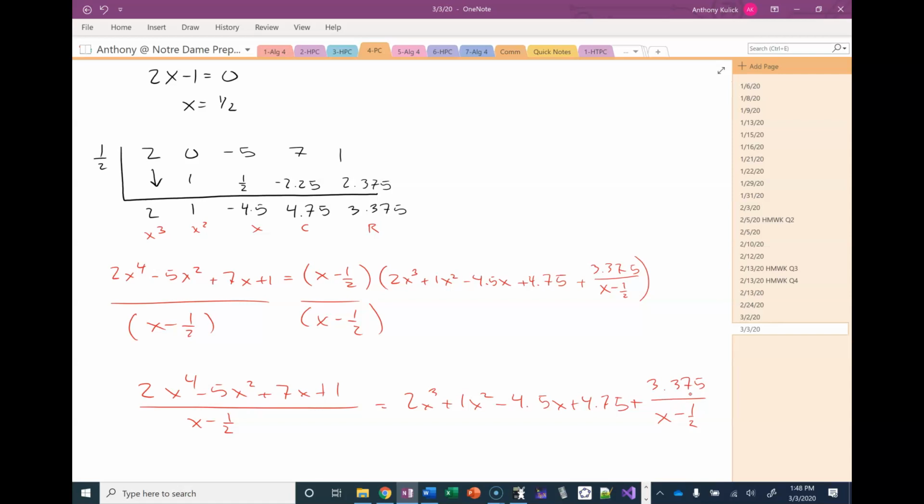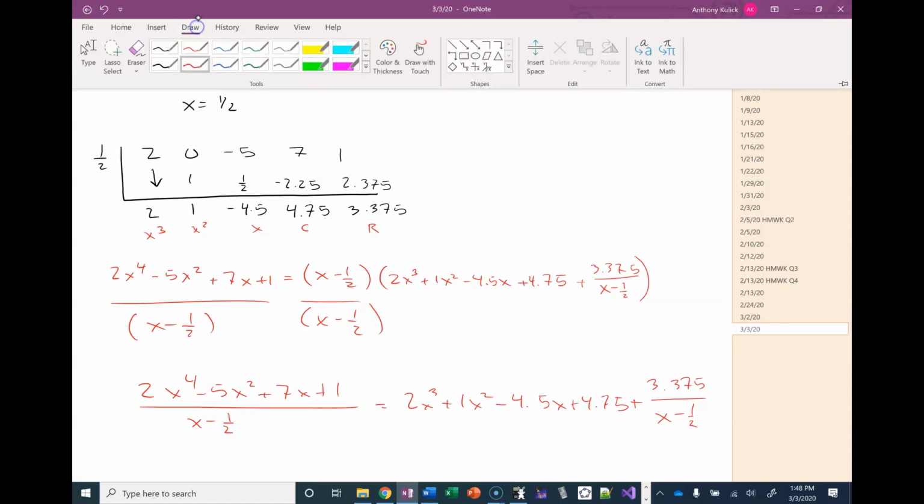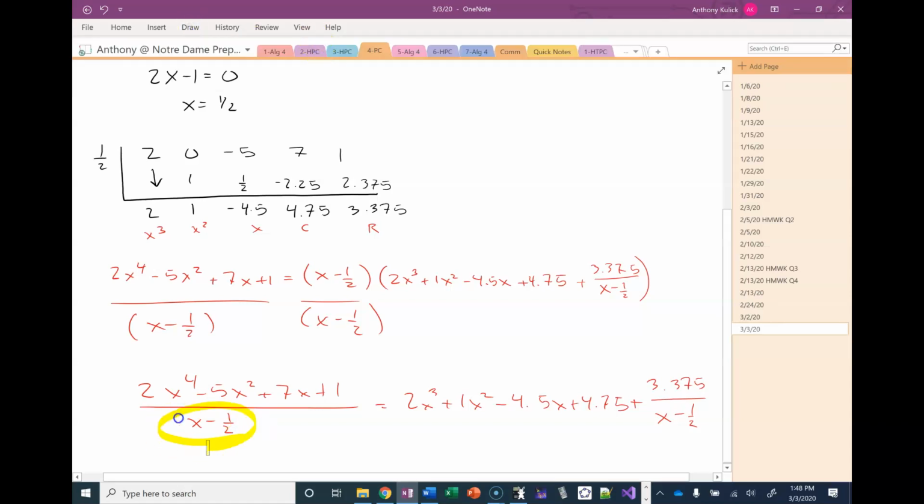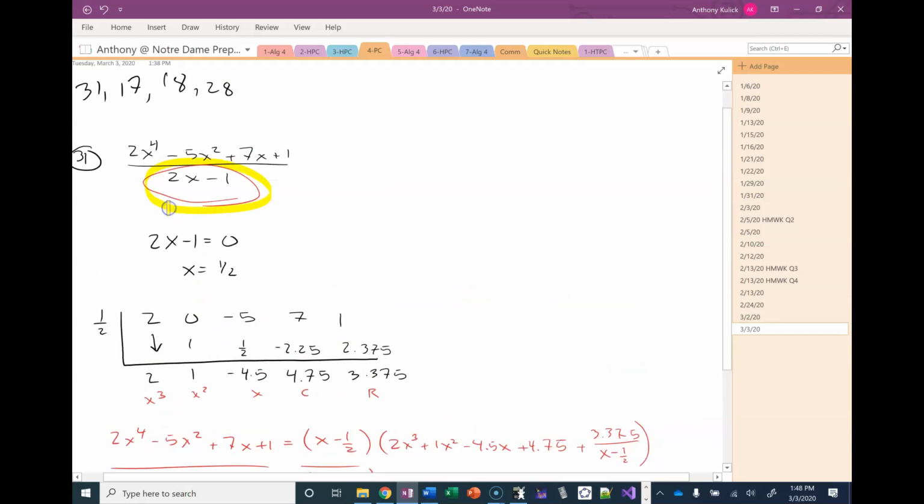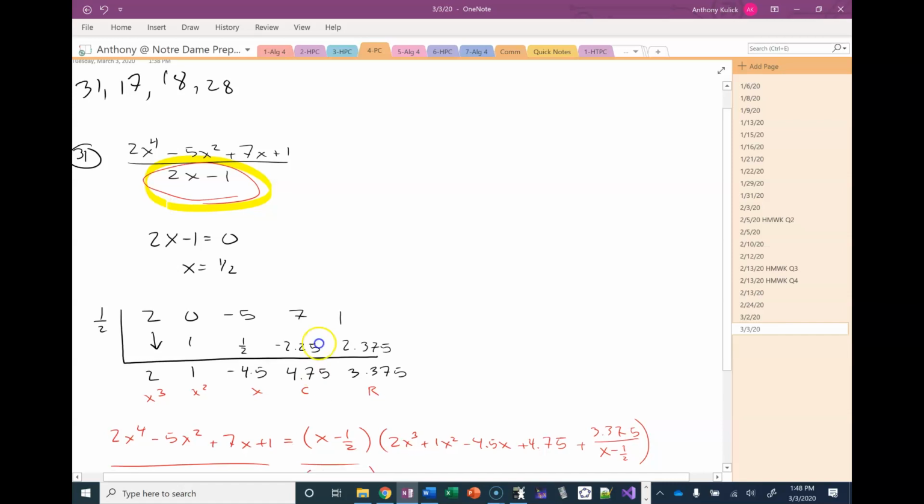So this is close, but the issue is that my denominator here isn't what it required in the first step, right? If I go back to the very first step, not the same denominator. Everybody's okay there?